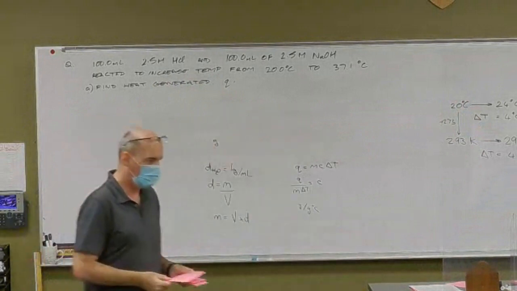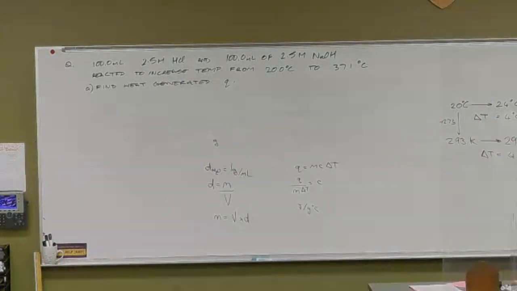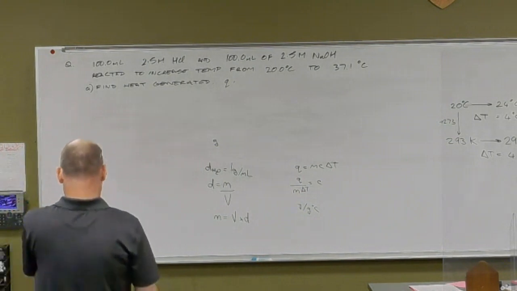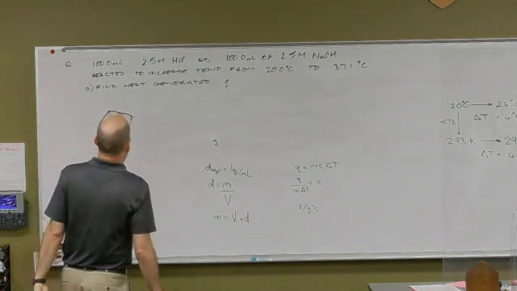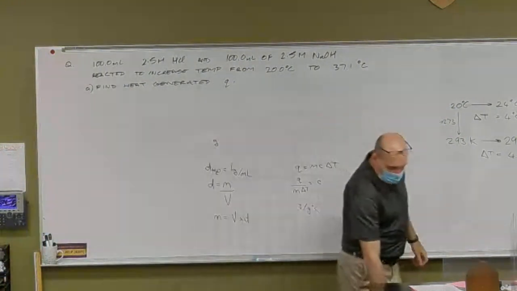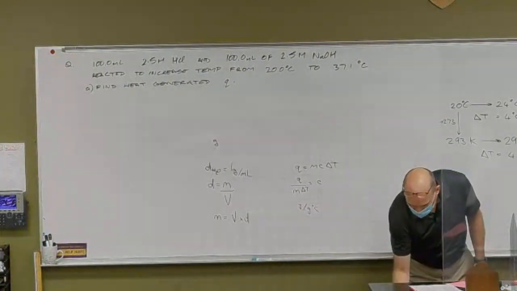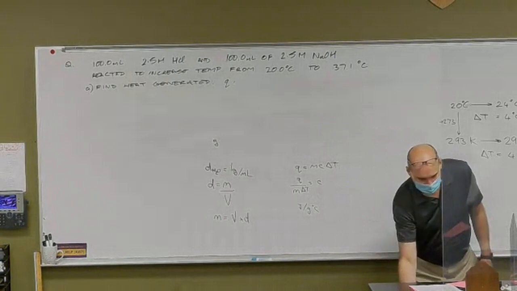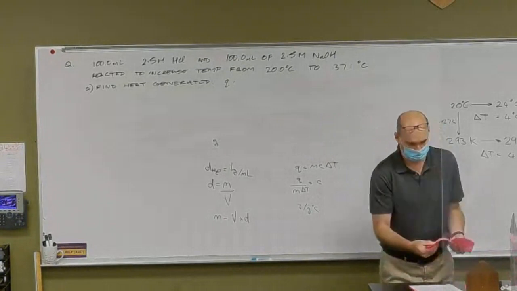We're going to have you figure this out. Q equals MC delta T. Calculate the amount of heat that this reaction generates.